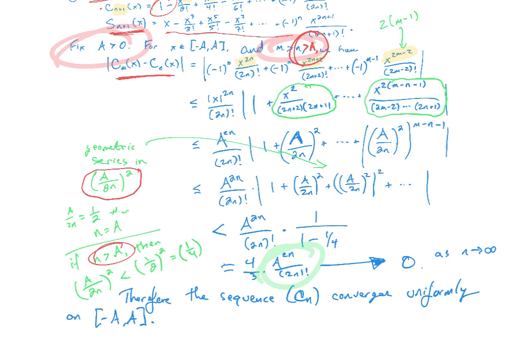That's a really good point. For n greater than a, well, m greater than n greater than a, we have this inequality. We can't say we have that inequality for smaller values of m and n.